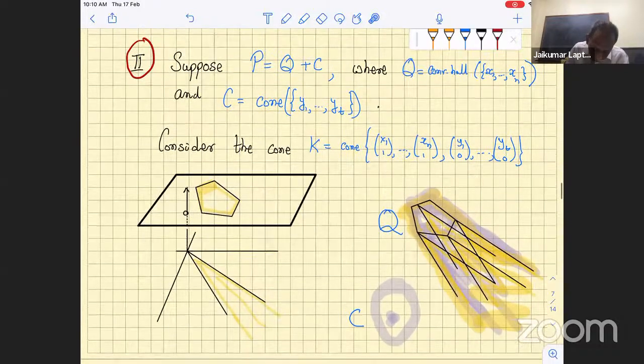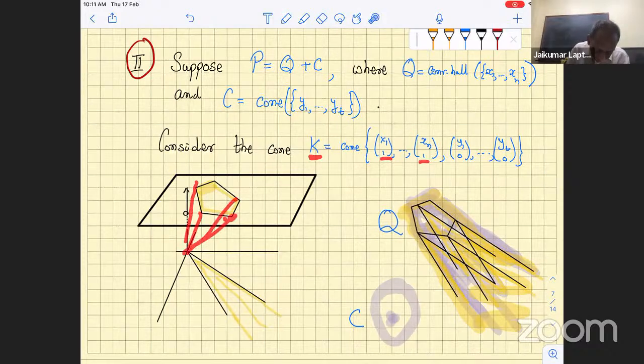Look at this. I artificially define a cone now. What is this cone? You take all these points and add a one in the second coordinate, which is to say you embed the old convex hull at one level above the origin, in the direction lambda. And the old cone, you don't lift it up, you leave it here.